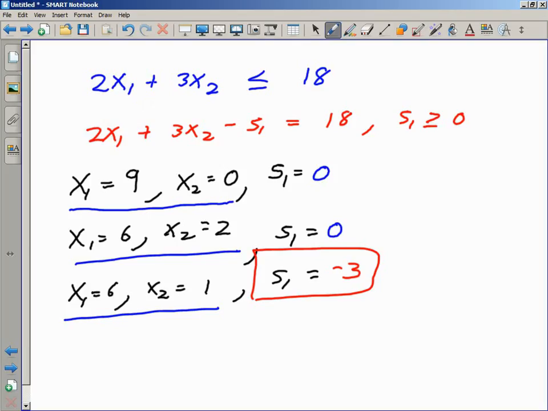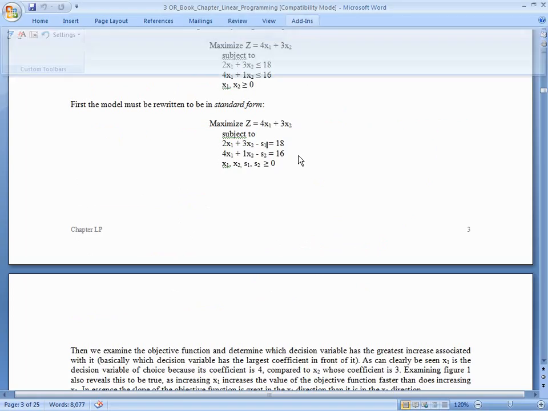But the problem is that -3 is actually violating this constraint right here. I've got something weird going on here that's not making sense. Why is it doing that?